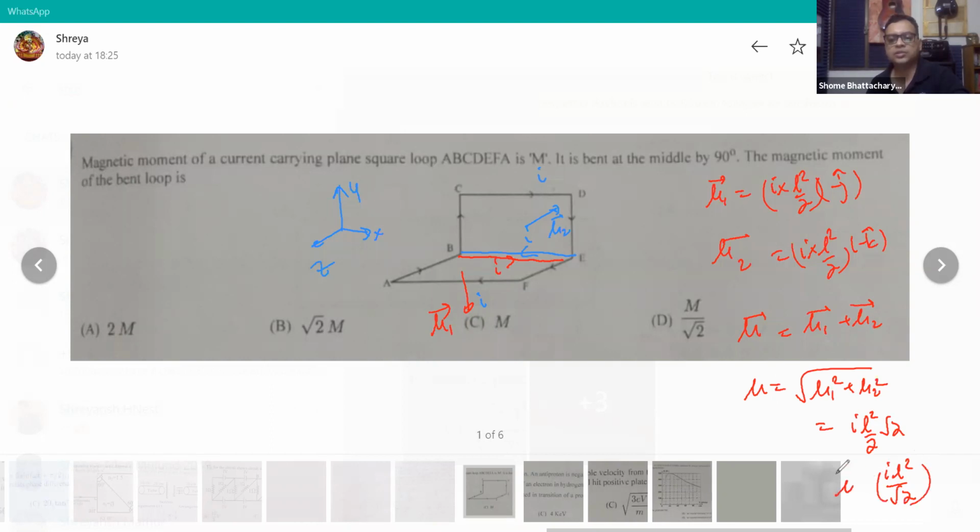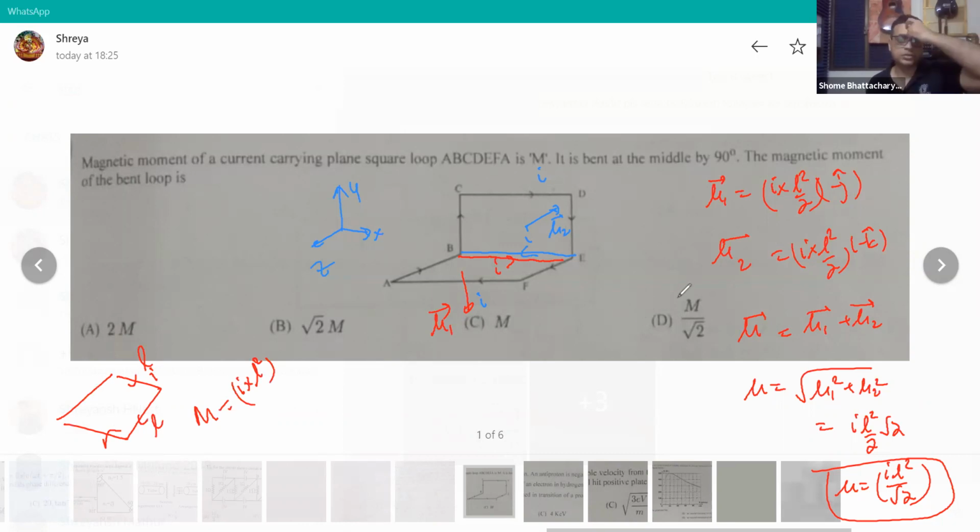Now you can compare this with the original value, which they've taken as m instead of mu. Originally m would have been for just the square loop, L by L, without the bending. So m would have been I into L square. So this is m by root 2. So it should be this.